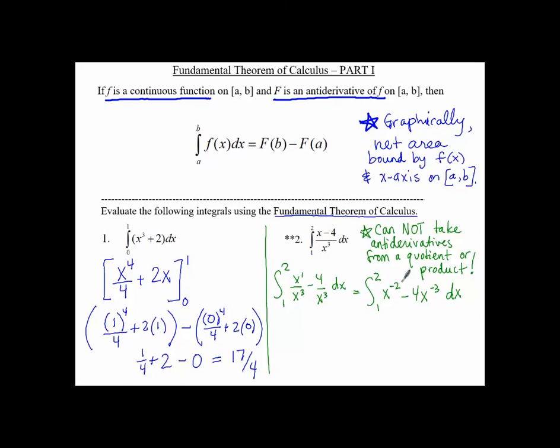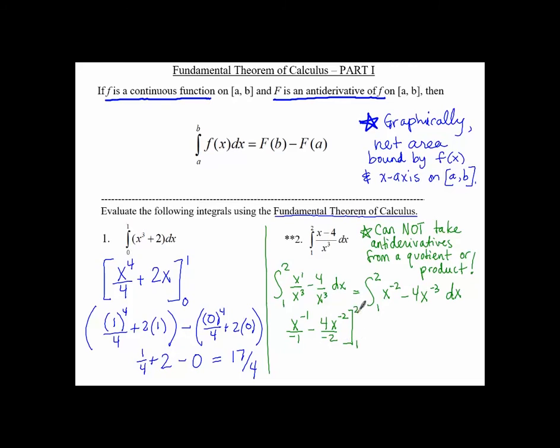The antiderivative of x to the negative 2, when we add 1 to the exponent, we get x to the negative 1 divided by negative 1, minus, add 1 to the exponent, 4x to the negative 2 divided by negative 2. Put our brackets to show we have limits to plug in, 1 to 2.